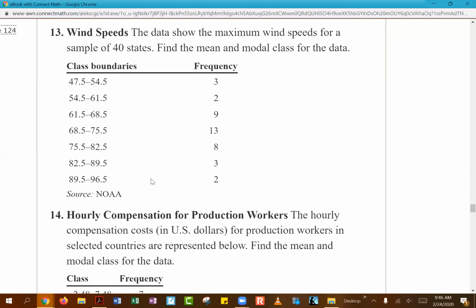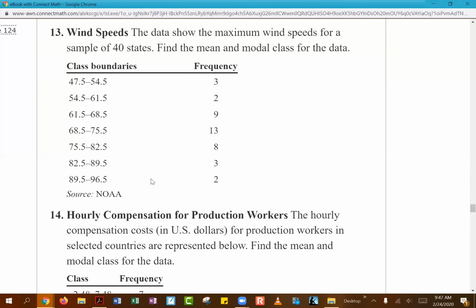Yeah, I would take that lowest boundary. And then our largest one, 96.5, add those, divide by 2, and what would you end up with? 72.